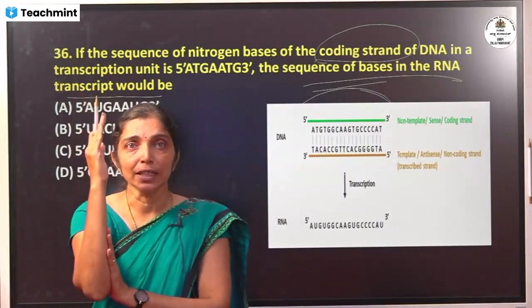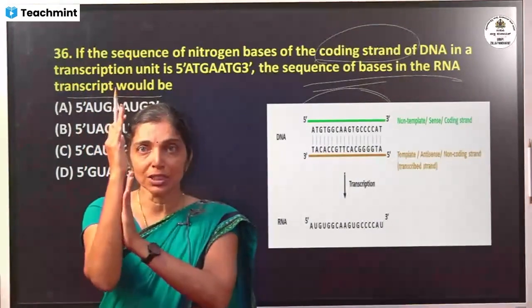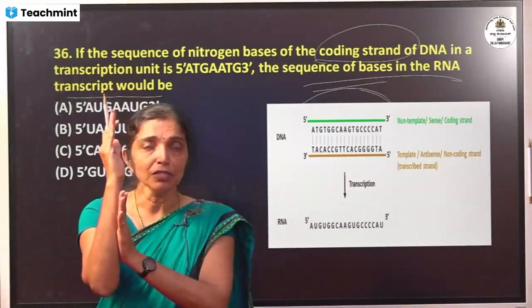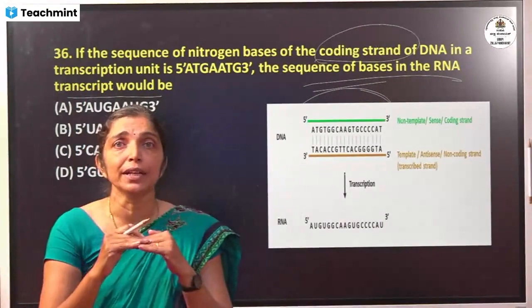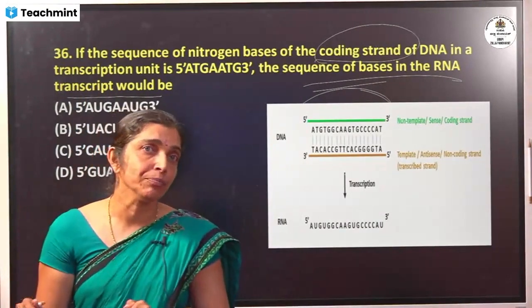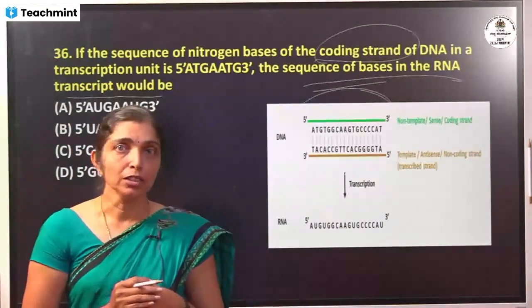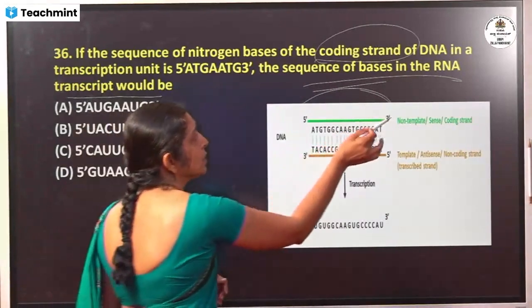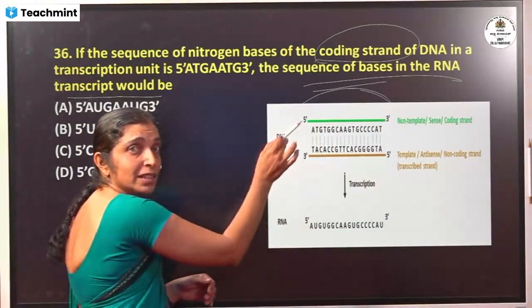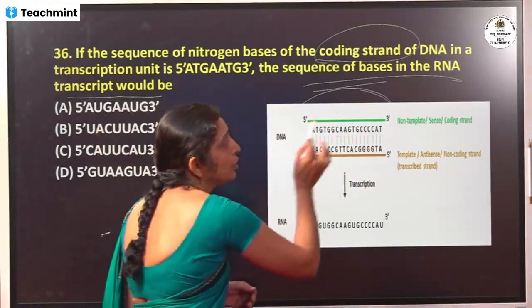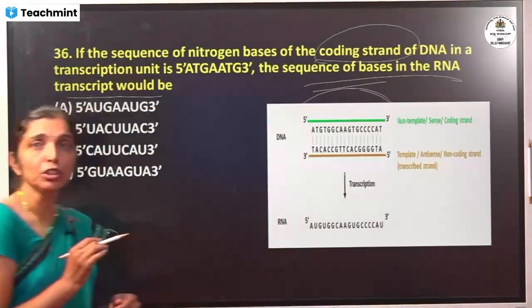But actually, this non-coding strand, which is your template strand, is the one that acts as a template and is transcribed into the RNA. Usually this template strand has a sequence complementary to your non-template strand, which is your coding strand.